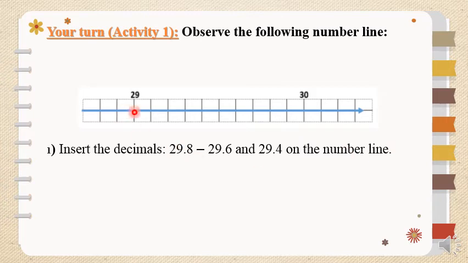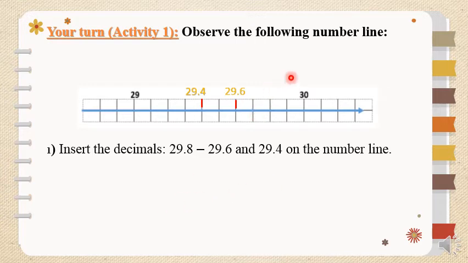This is 29, so here I have 29.1. Here I have 29.2, 29.3, 29.4, and we will have here 29.9, and I get 30. So let's place them. Okay, now fill in the table. These are the decimals, and I want to round them to the closest natural number, to the closest whole number. 29.8.